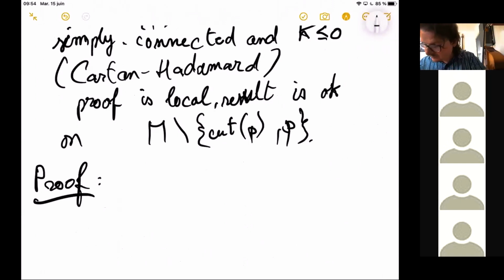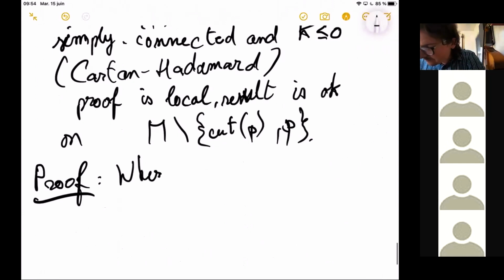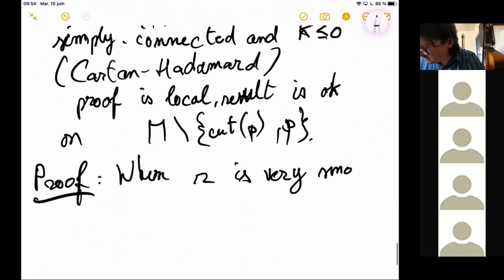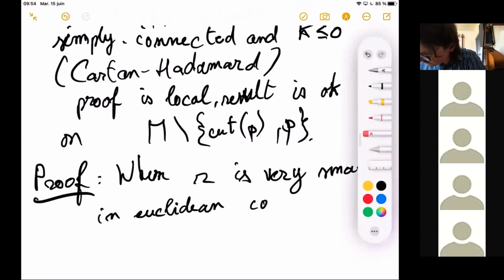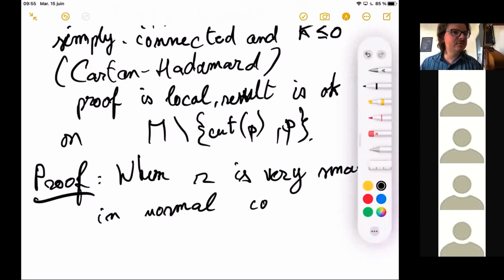First let's notice that when R is very small, you can see that in Euclidean coordinates, normal coordinates, the metric and the distance look as in the Euclidean space.